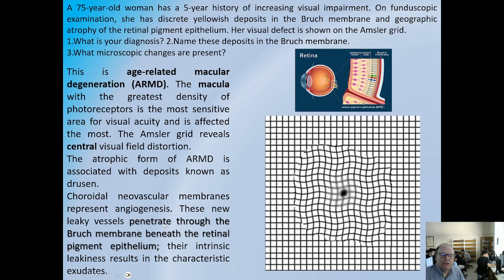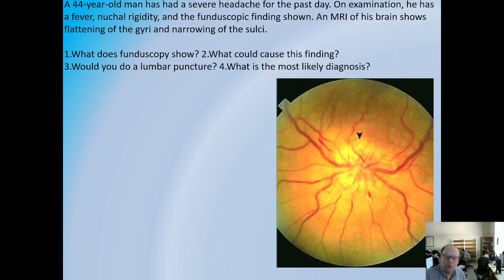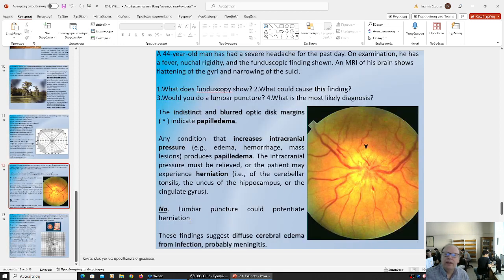Angiogenesis occurs, and as always, these newly formed vessels are thin-walled, so they can penetrate through the Bruch membrane beneath the retinal pigment epithelium, and this leakiness is responsible for these exudates.